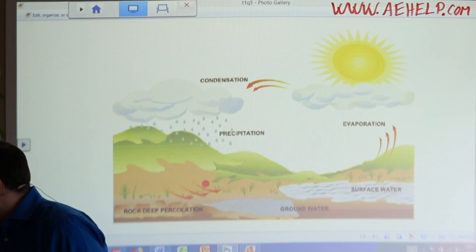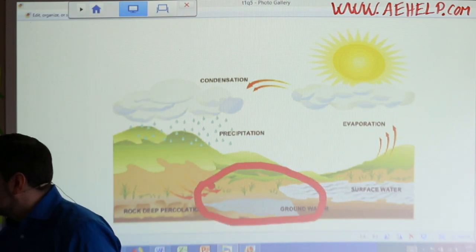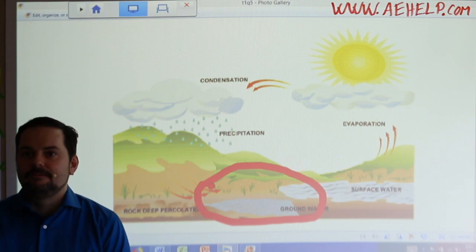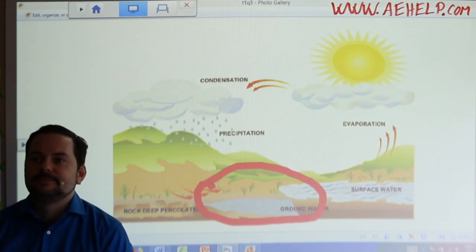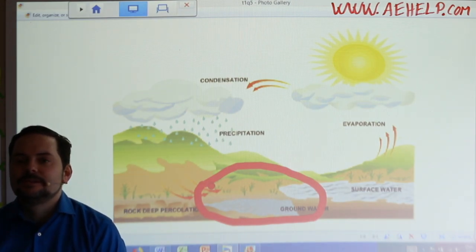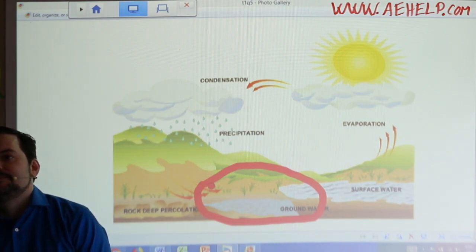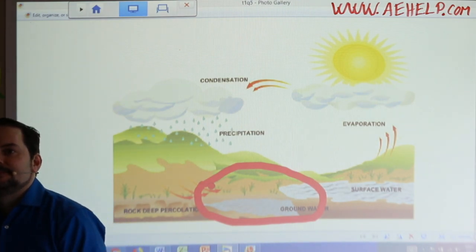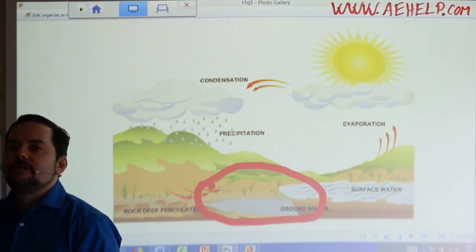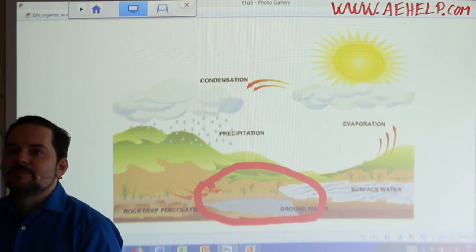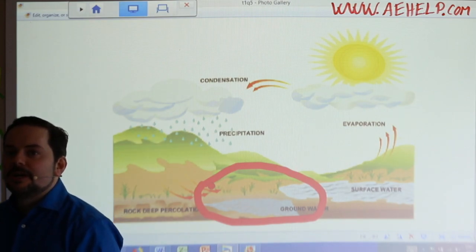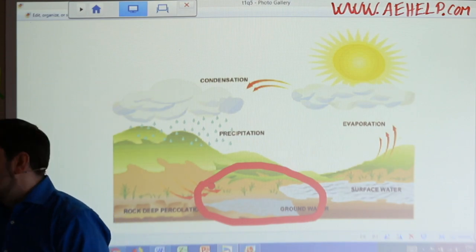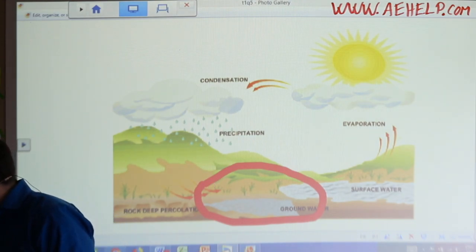Where does groundwater go? Yeah, it's an aquifer. That's right. Groundwater eventually forms into lakes and eventually it seeps back into rivers and surface water. Because water is lighter than rock, it eventually does come back into surface water.